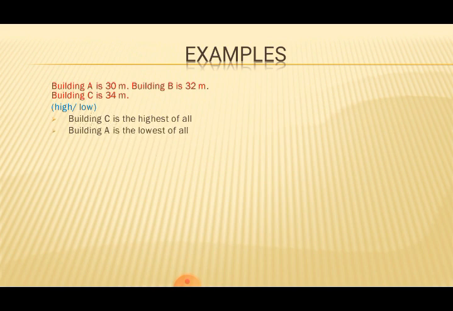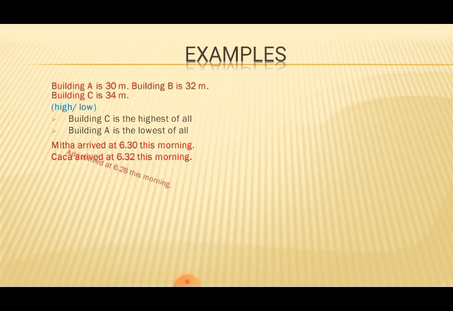Building A is the lowest of all. Bangunan A adalah yang paling rendah dari semuanya. Another data is Mita arrived at 6:30 this morning. Caca arrived at 6:32 this morning. Ade arrived at 6:28 this morning.